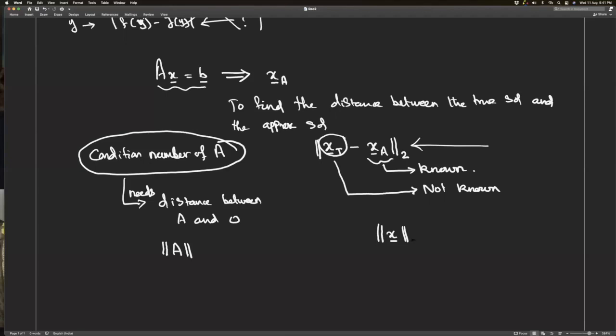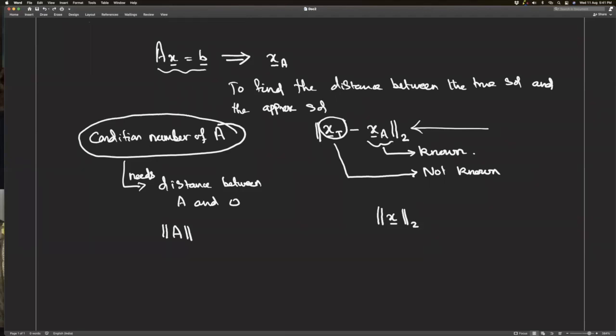Then you have to compute this number, for which we know a very nice formula: it is nothing but x1 square plus y1 square if it is in 2 dimensions, and similarly in n dimensions we can find the distance between this vector x and the origin using this formula, right?